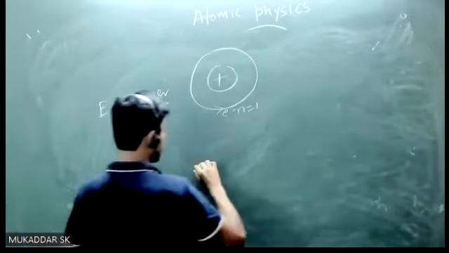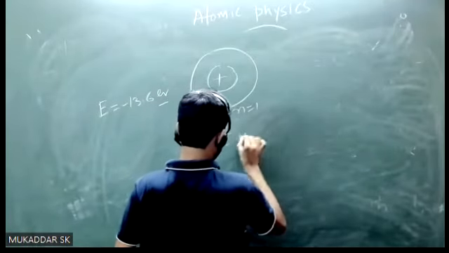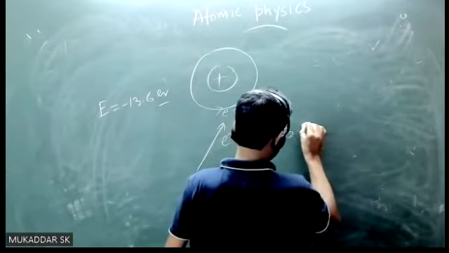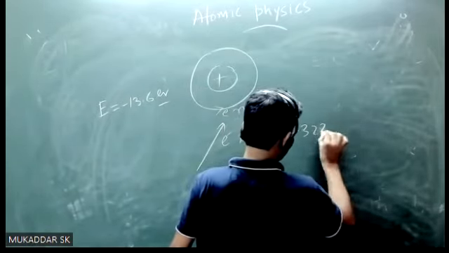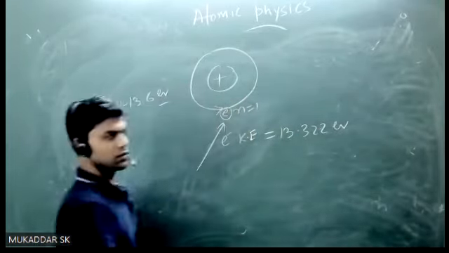And an electron is coming with kinetic energy 13.322 electron volt, and it is colliding with this electron.